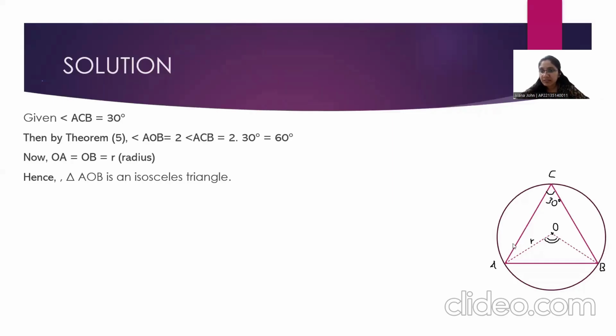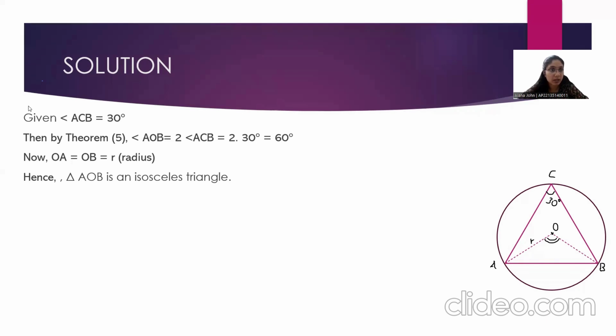Then we have a property of an isosceles triangle that the angles opposite to the equal sides will be equal. We have already discussed this result in our previous lecture that if a triangle has two equal sides, then the angles opposite to these equal sides will be equal.